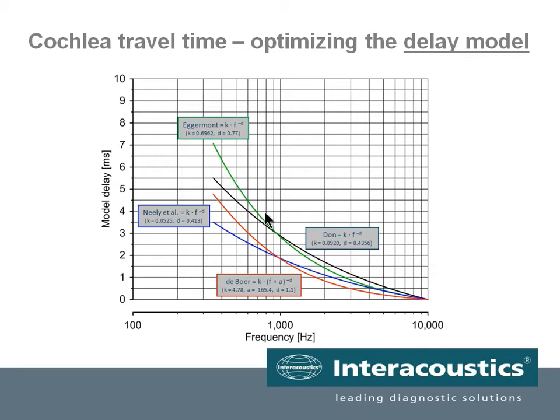It is very crucial for optimum response. And that is where we have researched the CE-Chirp for about 10 years now and arrived at the optimum delay model for the chirp stimulus and call that the CE-Chirp.